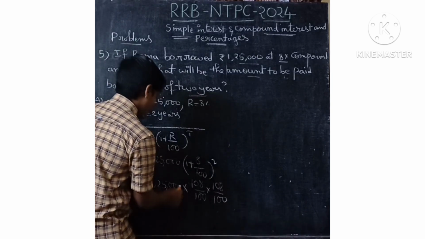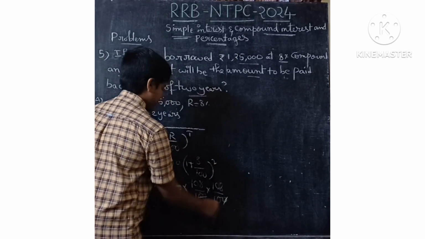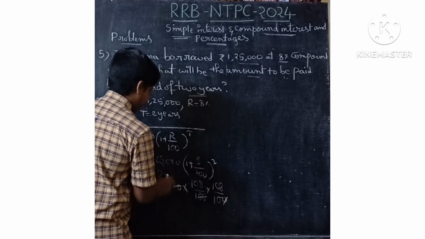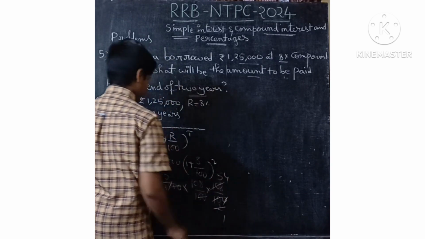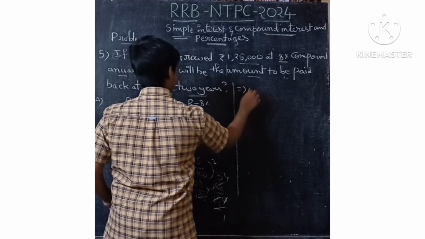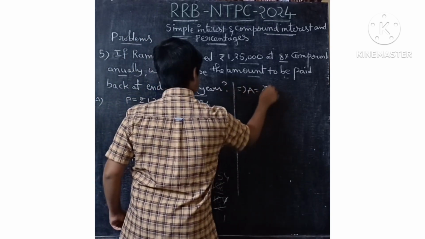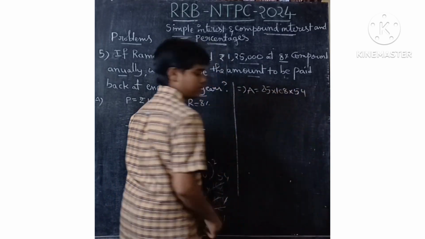Okay. So here 2 zeros get cancelled, and 5 times 25 are 125, so simplifying, the amount will be 25 into 108 into 54.